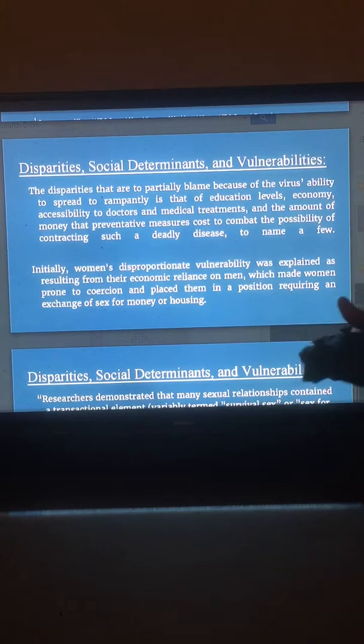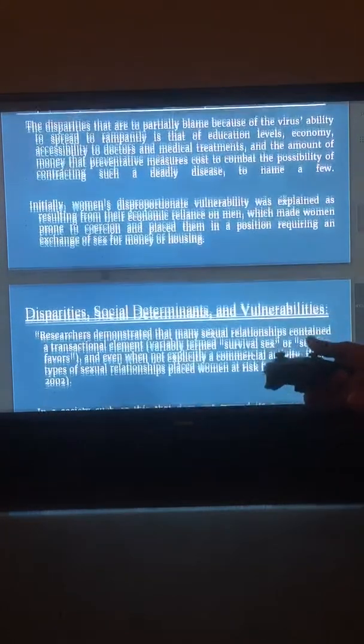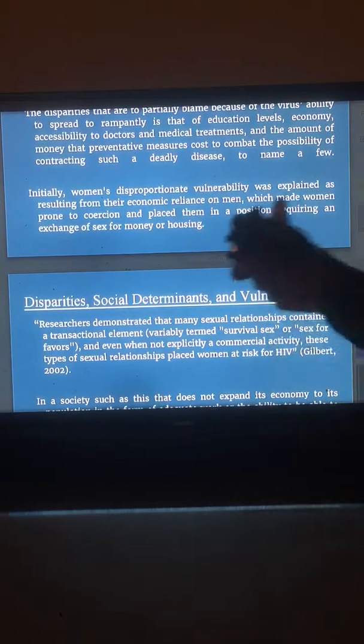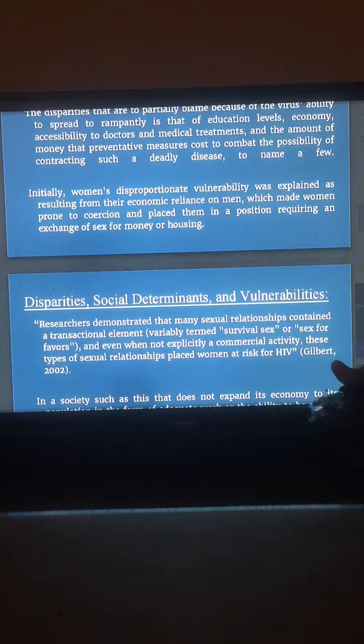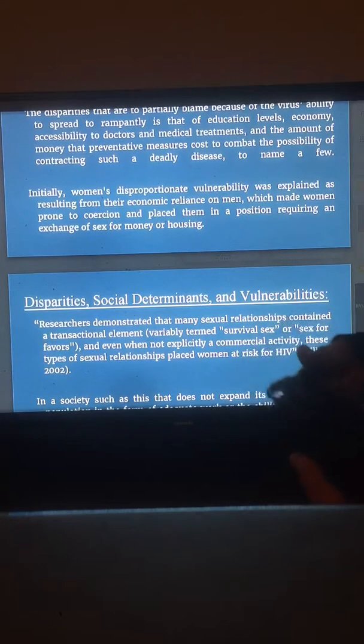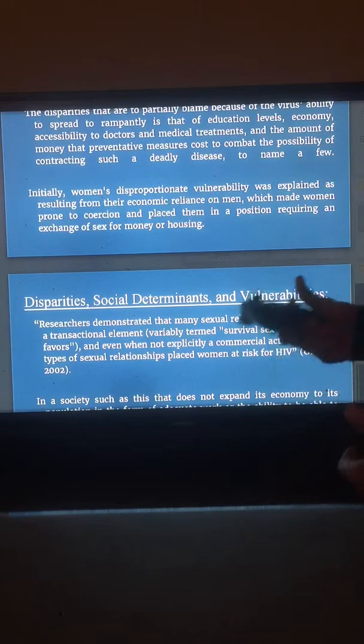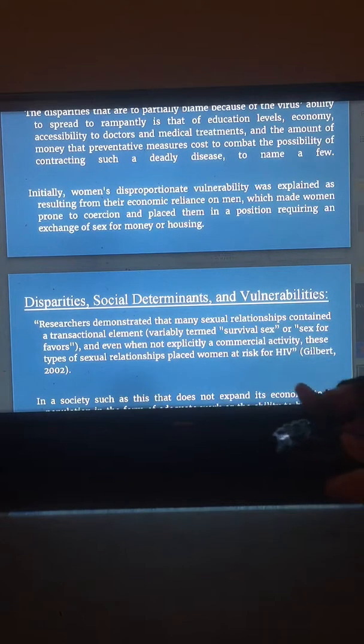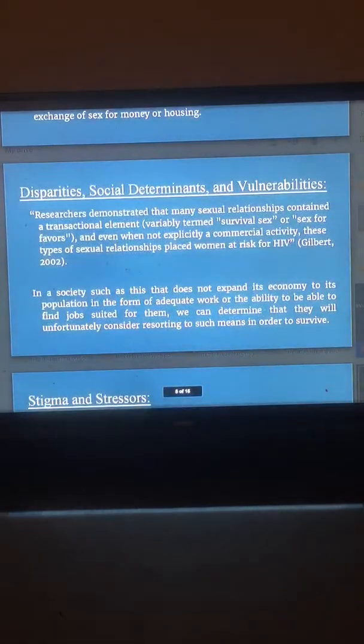But that's one of the reasons that the virus can spread so rampantly like this. It's basically what you could call survival sex, is what I listed it in the paper as. These women are just having to do it so they can have the money and the means to provide for themselves and their family. And when it gets to a point such as this, desperate times, desperate measures, I would imagine.